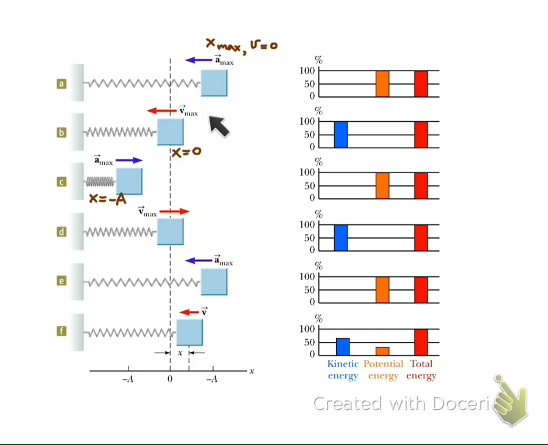And at these four points, we discussed the maximum x and the equilibrium point. But in general, at some point between the maximum displacement and the equilibrium position, for example, at this point, the object may have some kinetic energy and some potential energy.